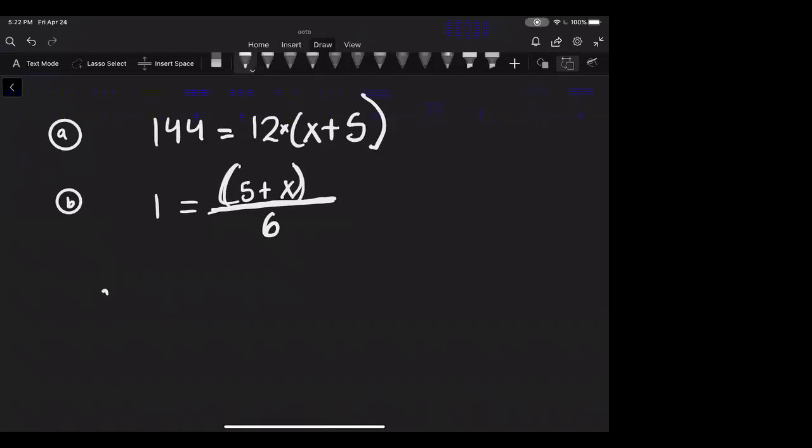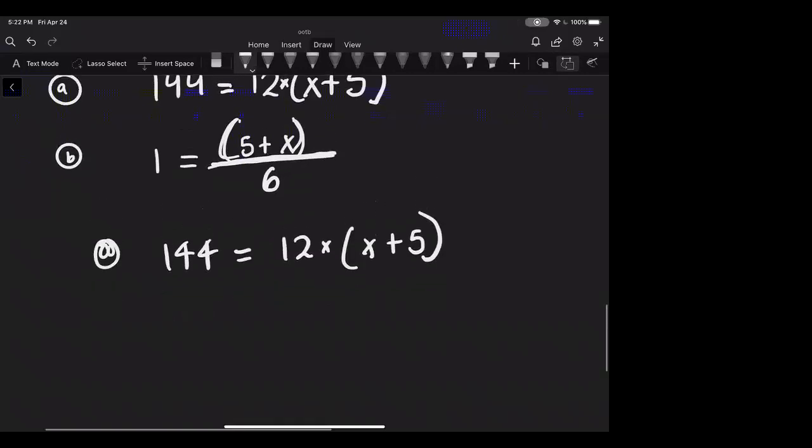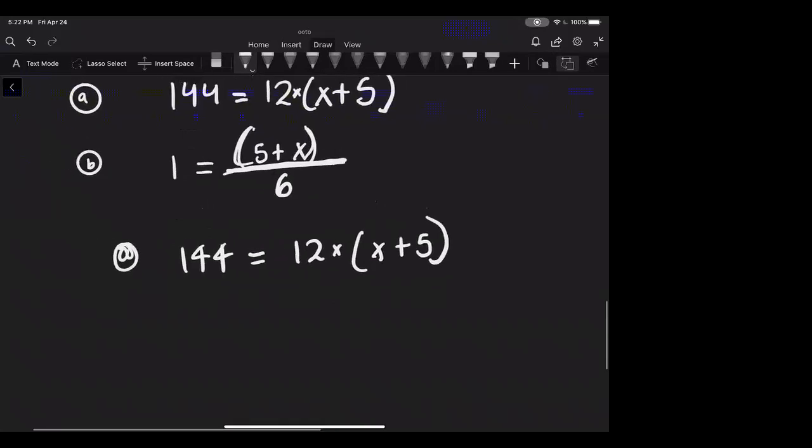So for the first question, outside of the brackets, we have 12 multiplying with whatever's inside the bracket. So we have to do that first. We do the opposite, which is dividing.